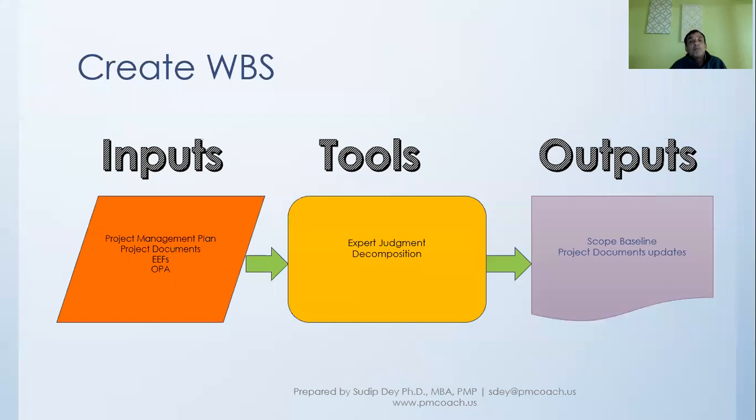The other components included in the scope baseline are the WBS that we'll be creating, along with the WBS dictionary, then the work packages that come out of the WBS, as well as some planning packages. We'll talk about that.